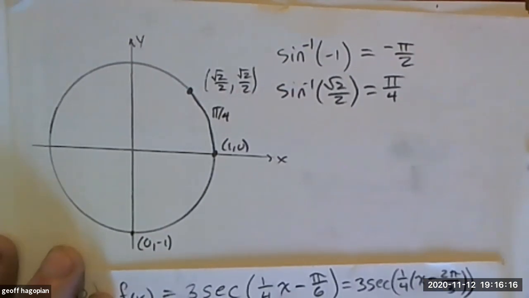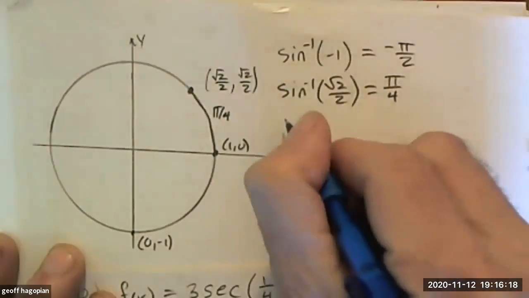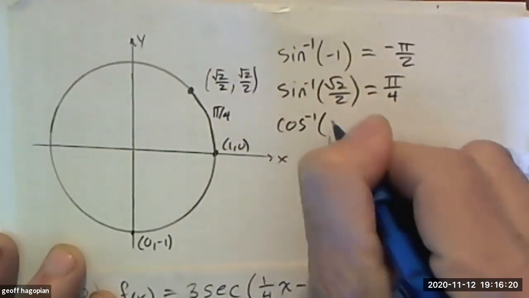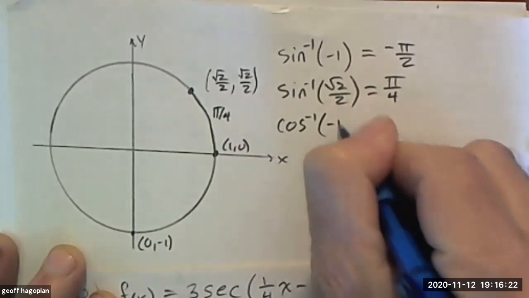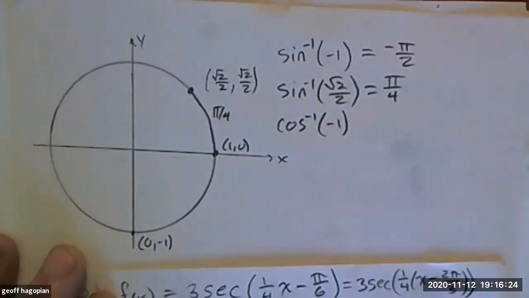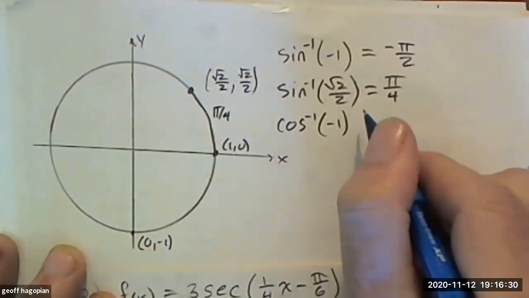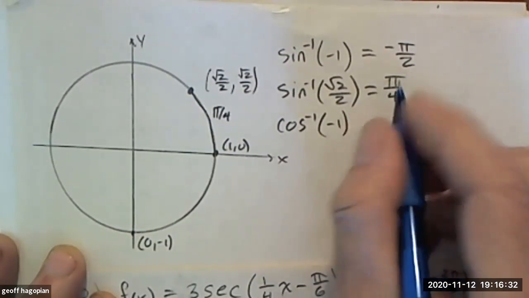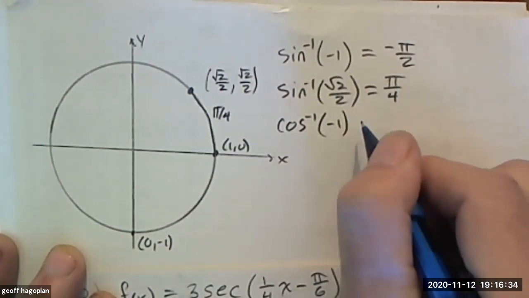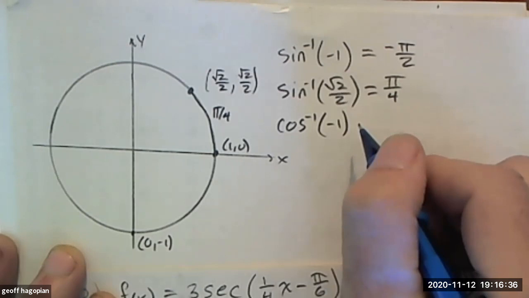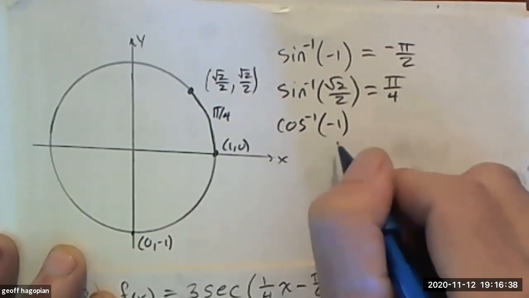Number 5, what arc on the unit circle will take us to a cosine value of -1? Well, that's going to be pi. Recall that the range of the inverse cosine function is from 0 to pi. That's how we read the domain of the cosine function from 0 to pi.